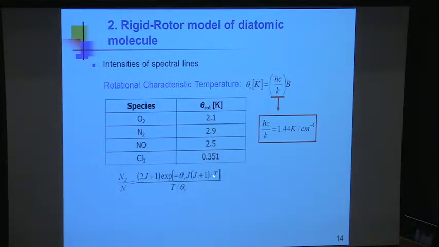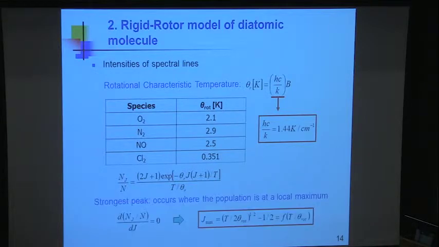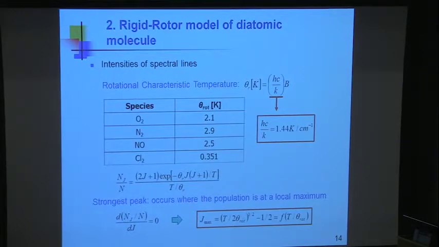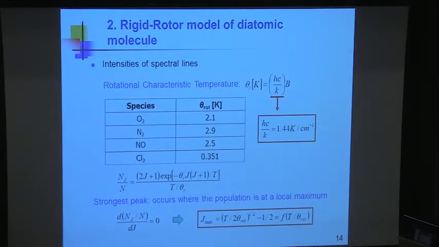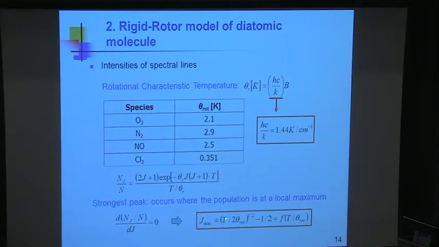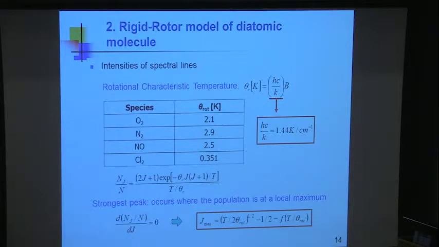Remember, this is the Boltzmann fraction that we can write. Now you can ask, which rotational state has the highest population? You can take the derivative of this with respect to J and set it equal to 0 to find the peak, and you would find that it's something like T over 2 theta R. So you might find that J max at room temperature for, say, CO might be 9 or something like that.